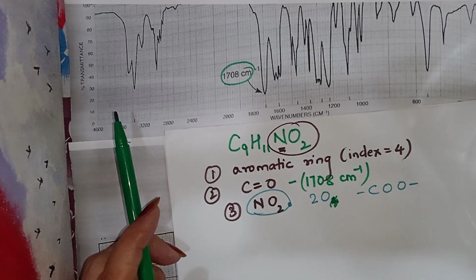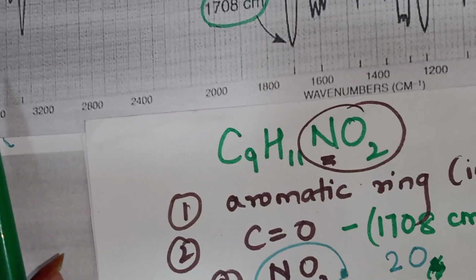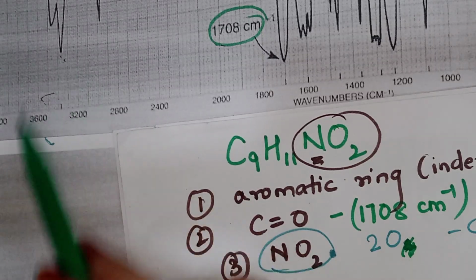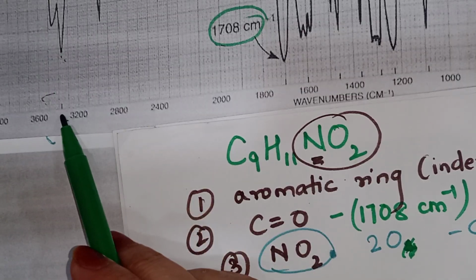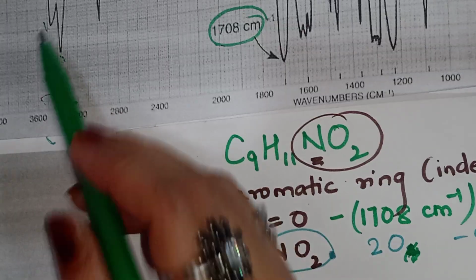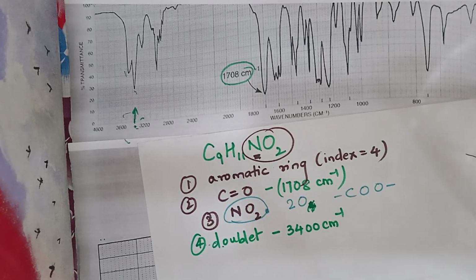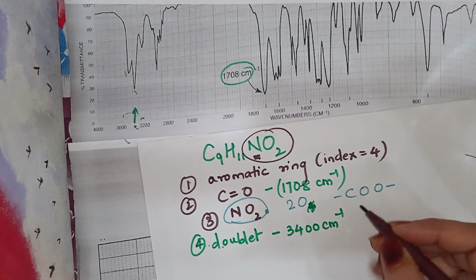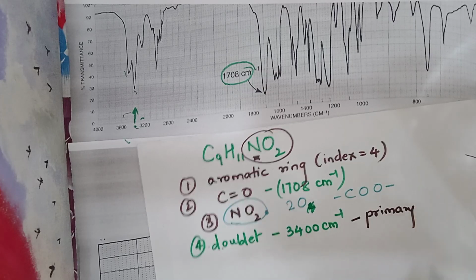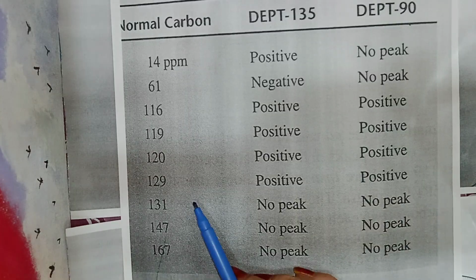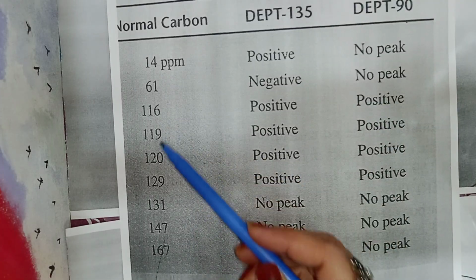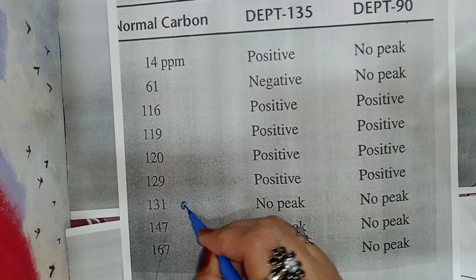Now, when we observe the spectra carefully, there is a doublet at 3400 centimeter inverse. Over here, there is a doublet, which is perfect for a primary amine. Now see the carbon NMR. It has 9 peaks, 1, 2, 3, 4, 5, 6, 7, 8 and 9.